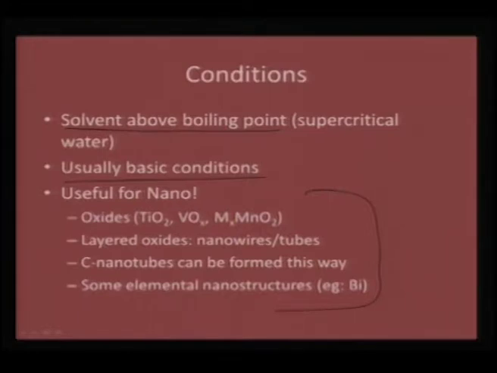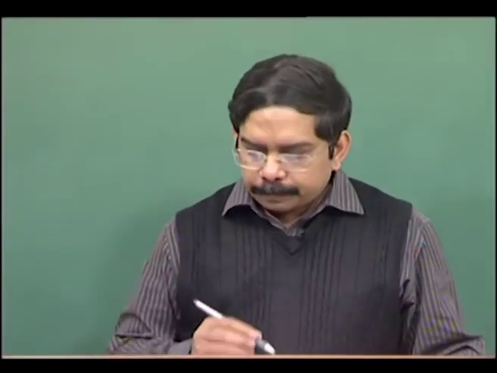For example, simple oxides or substituted ones, layered oxides can be transformed into nano wires or tubes, and then carbon nanotubes have been formed this way, and some elemental nanostructures have also been attempted. So, this is not just confined to bulk material, but also nanomaterials.